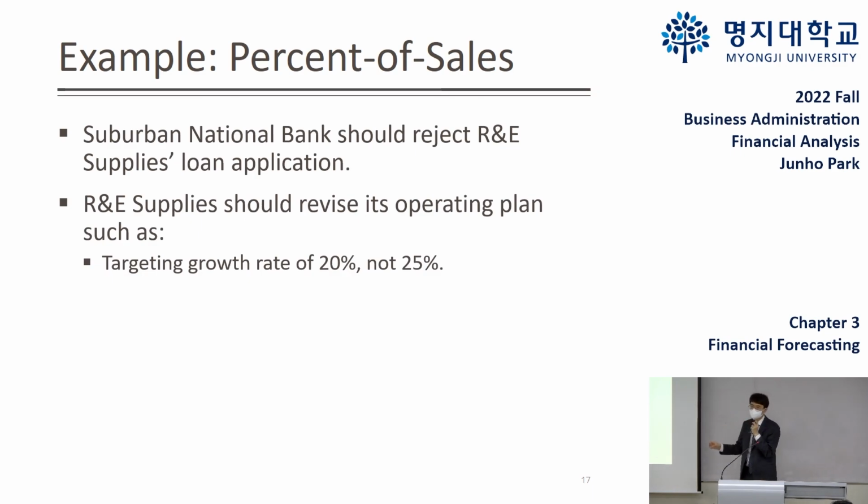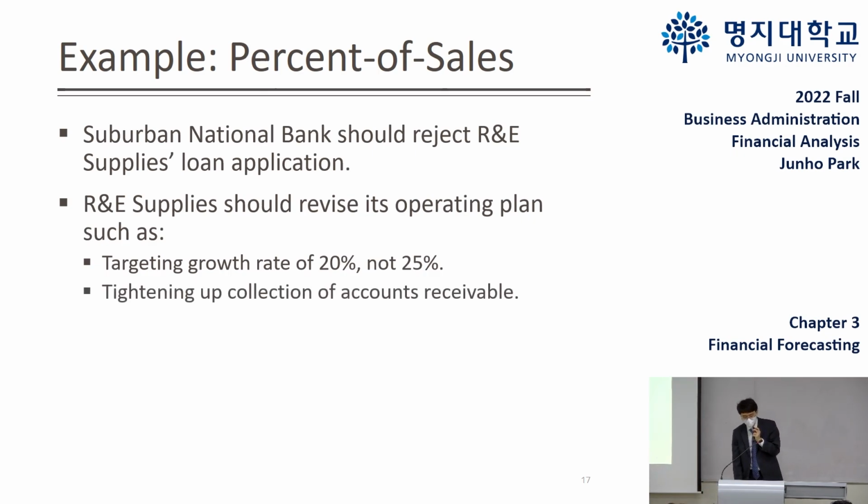So the reason that they need external funding is because they are not generating enough money. So not generating money equals not generating enough cash. So they have to think about their cash collection procedure. They have to tighten up their collection of accounts receivable, for example, and they can get more cash so that they can use it to invest more in fixed assets.